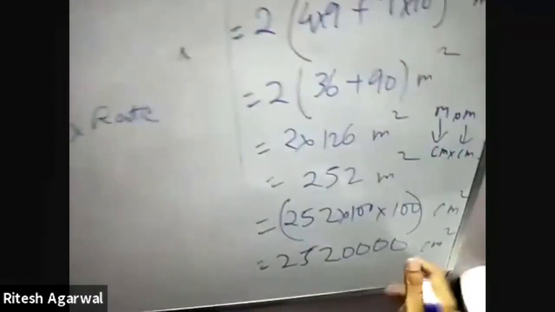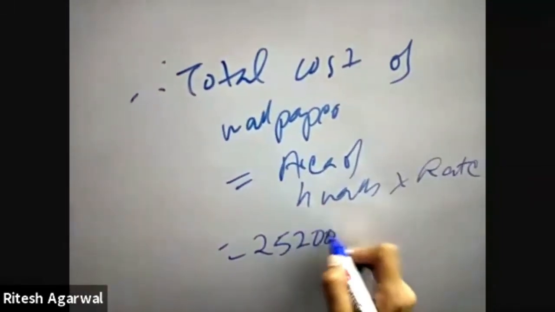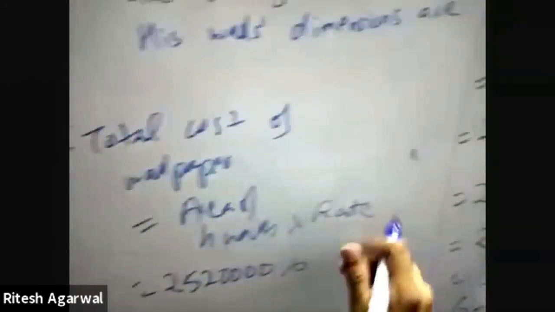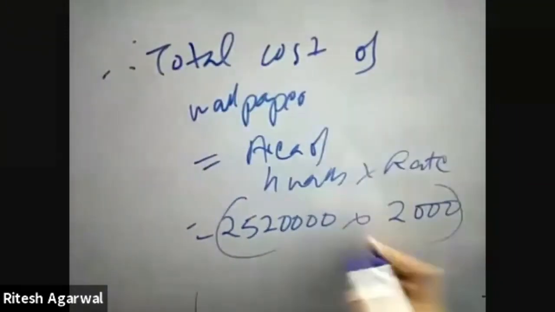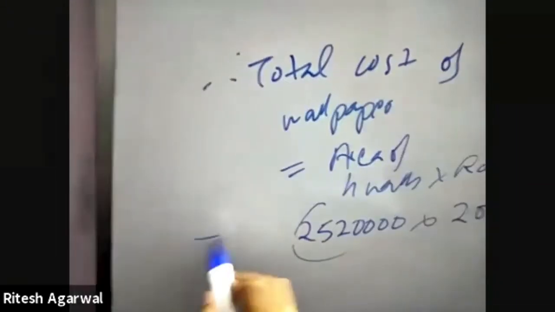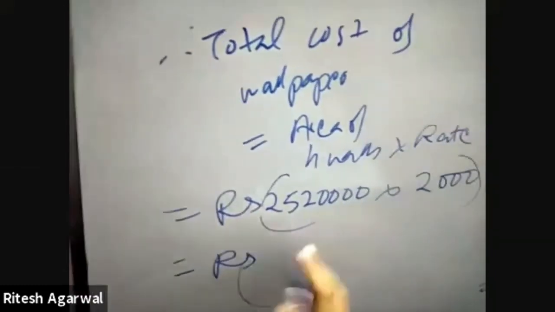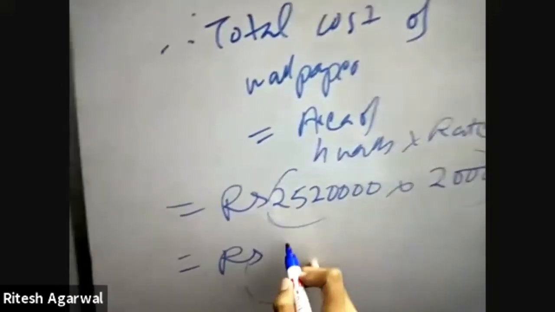Area of the four walls is 252 and 1, 2, 3, 4 zeros, into the rate, which is in square centimeters, so it will be 2000 rupees. So this much rupees, it is coming to something very expensive. Rupees 252 into 2 will be 504.